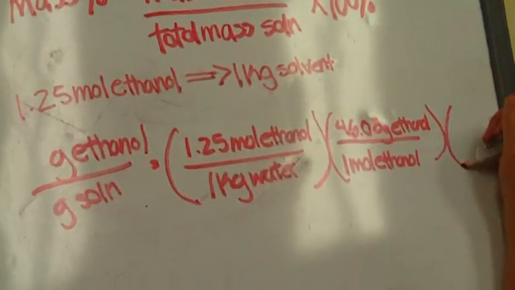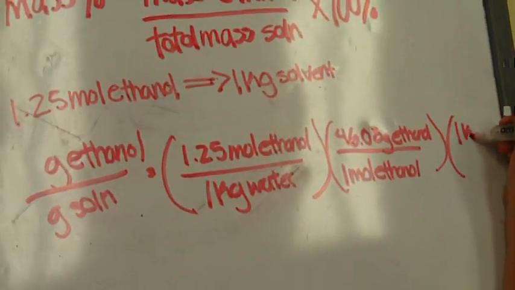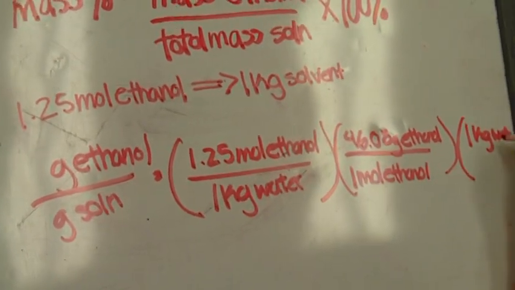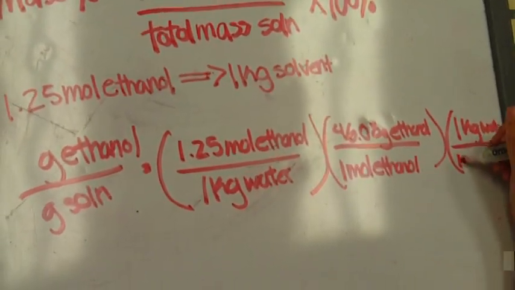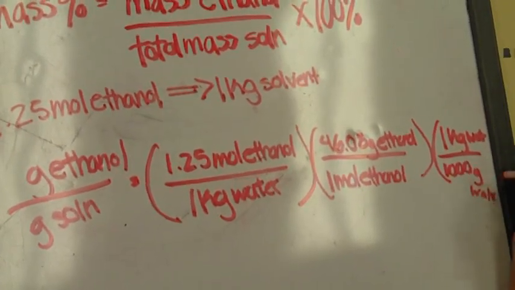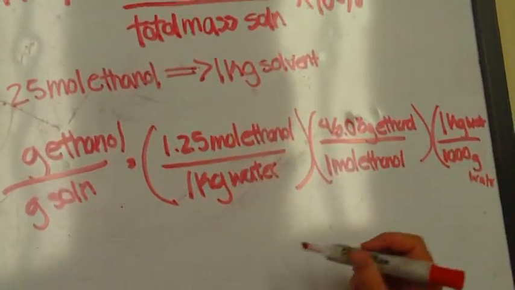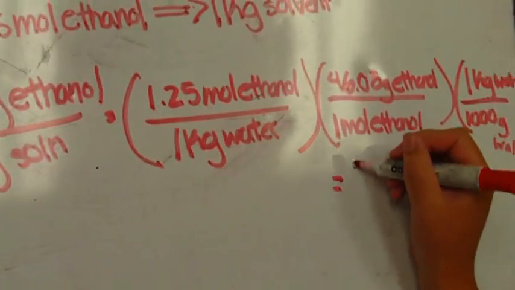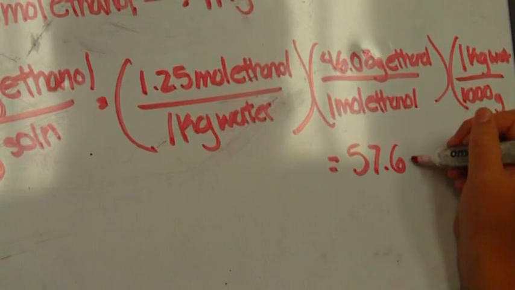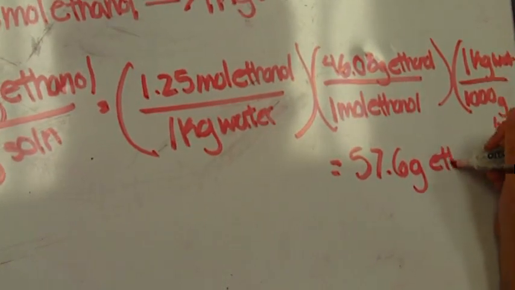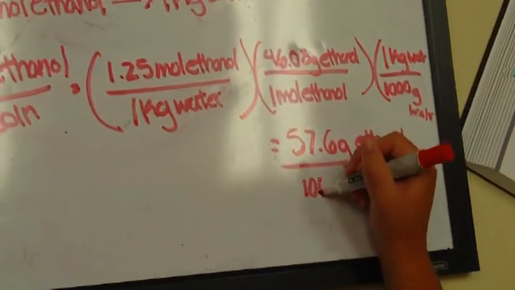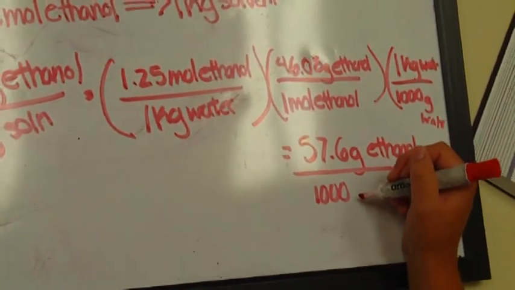And then 1 kilogram of water is equal to 1,000 grams of water. And if we multiply that across, we're going to get 57.6 grams of ethanol for 1,000 grams of water.